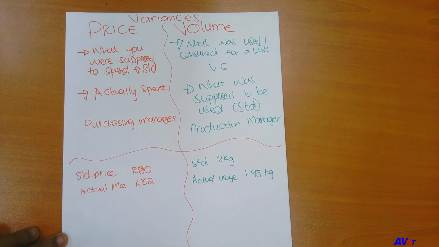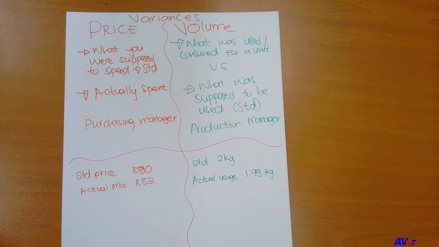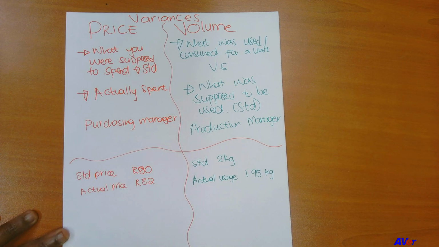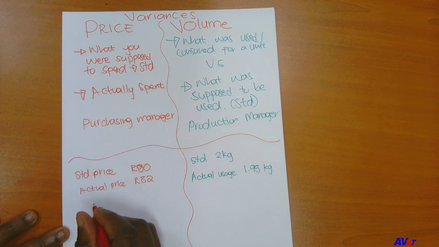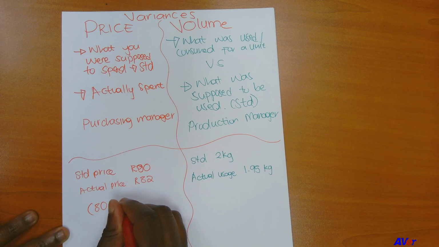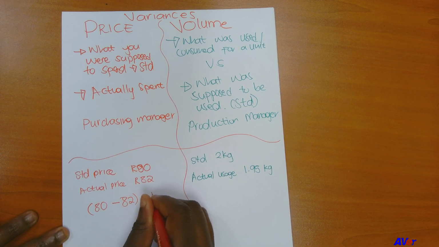On Support a Baby, the standard price is 80 Rand per kilogram, and the actual price was 82 Rand. The difference is only 2 Rands.